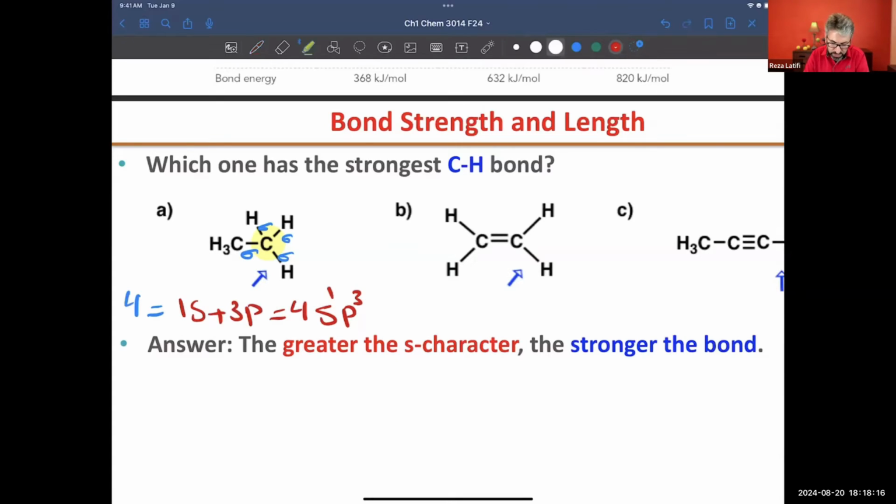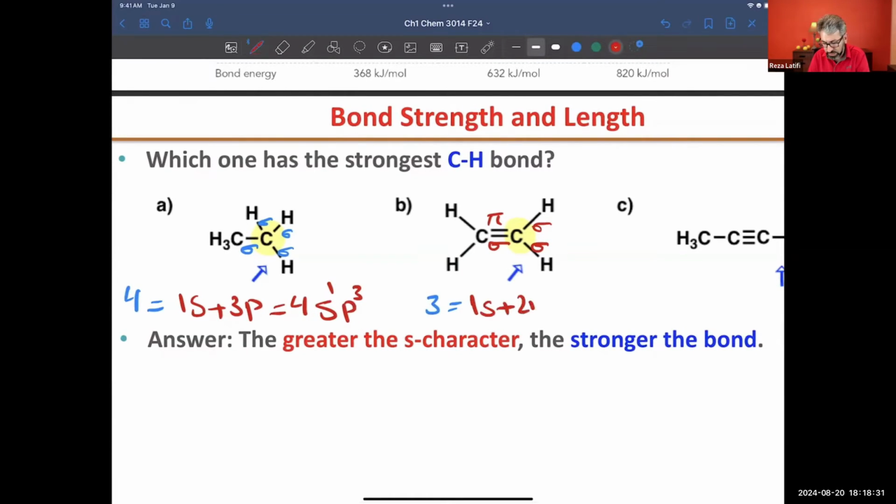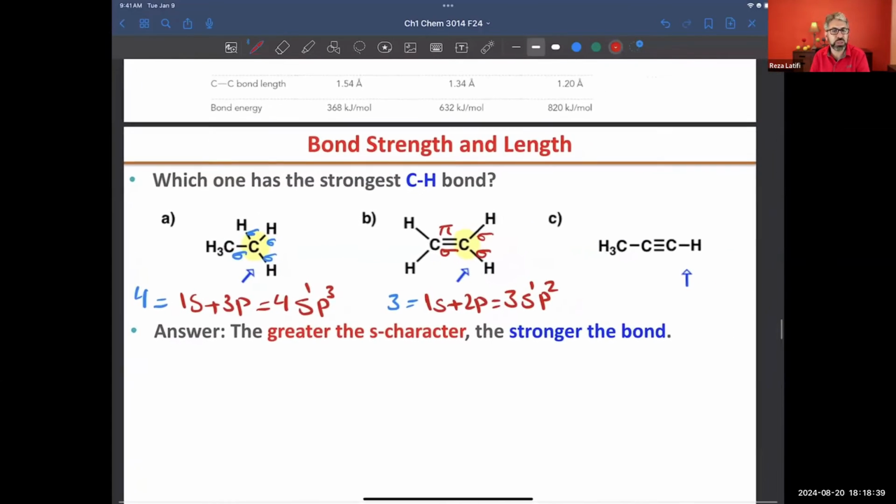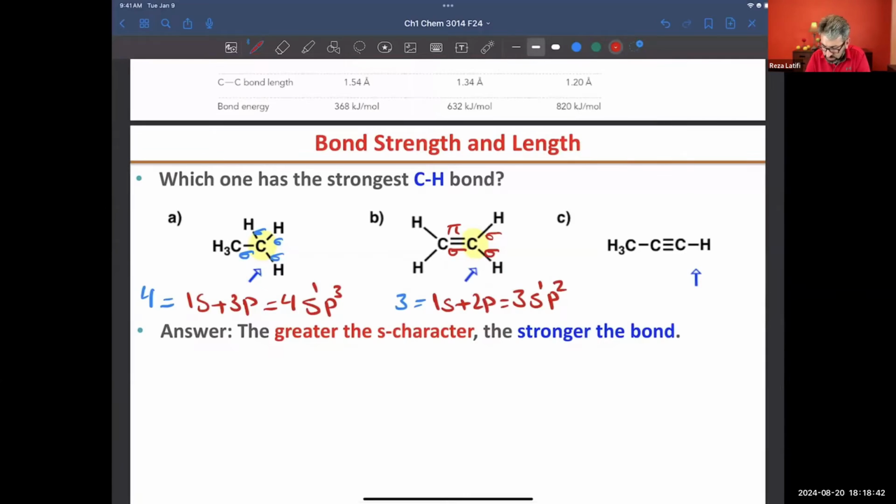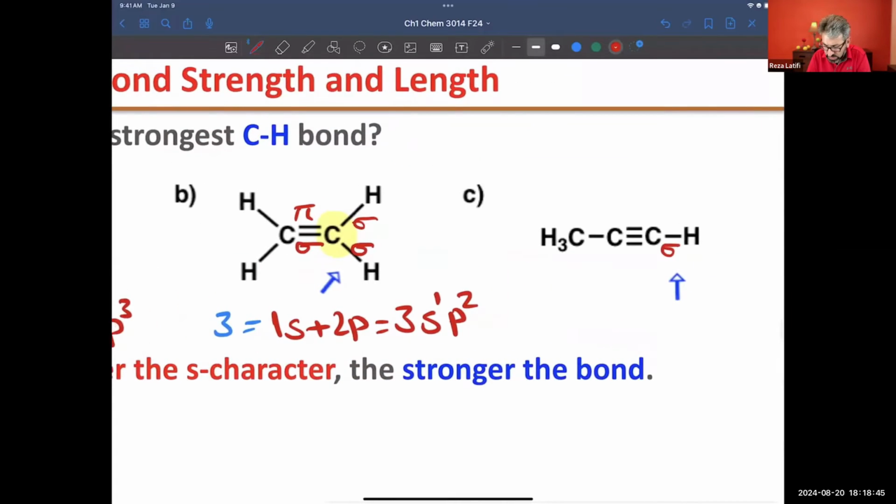How about here? This carbon is surrounded by 1, 2, 3 sigma, and the last one will be a pi bond. We don't care about the pi bond, so I have 3 sigma. I need to use 1 from S and 2 from P. That's going to give me 3 orbitals of S1 and P2. So the hybridization is sp2. And the last one, we have a sigma there, and this is another sigma, and then we have 2 pi bonds.